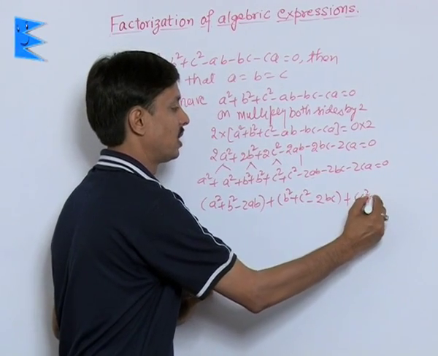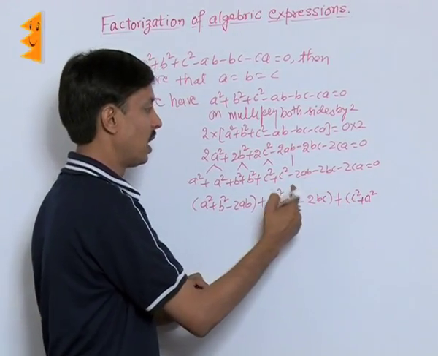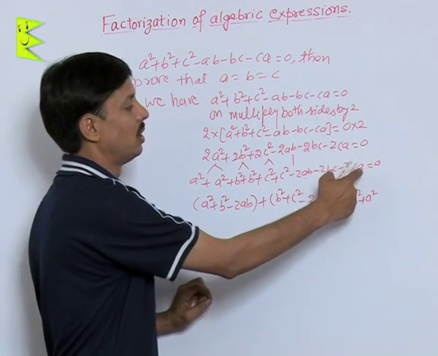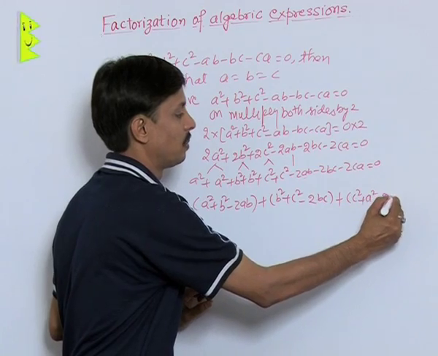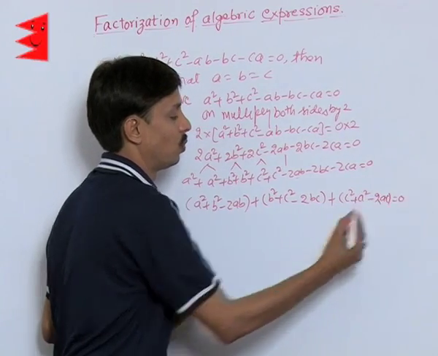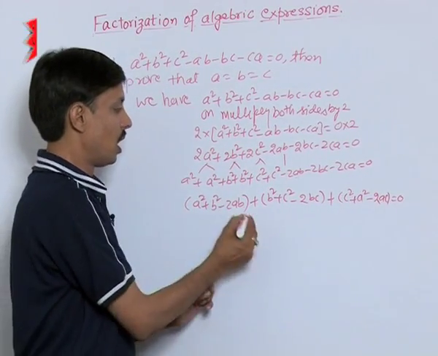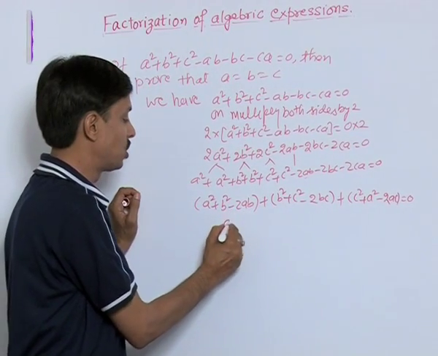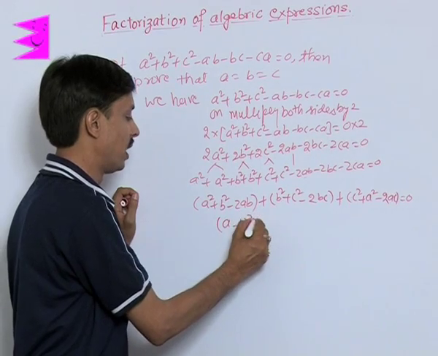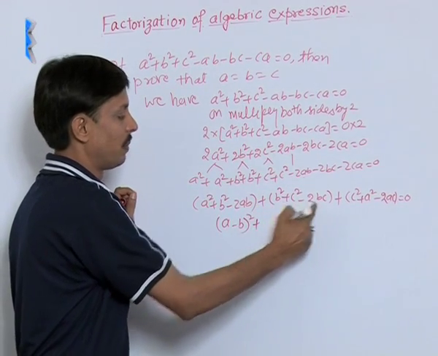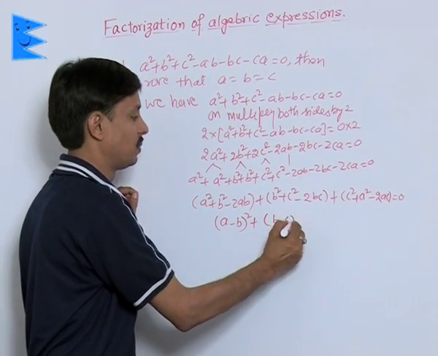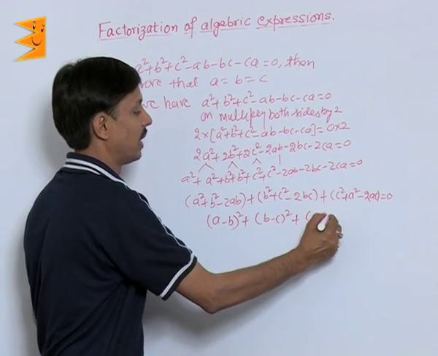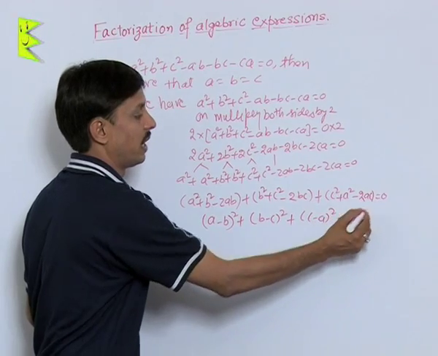So I can write c square plus a square, and minus 2ab used here, minus 2bc used here, so only the left part is minus 2ac, and that is equal to 0. Now a square plus b square minus 2ab can be said as a minus b whole square. B square plus c square minus 2bc can be written as b minus c whole square. C square plus a square minus 2ac can be written as c minus a whole square, and is equal to 0.